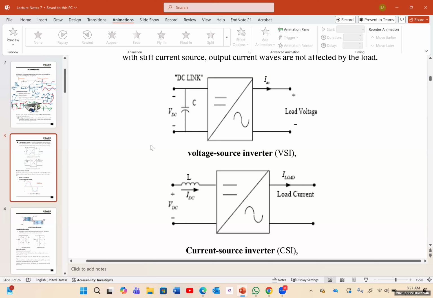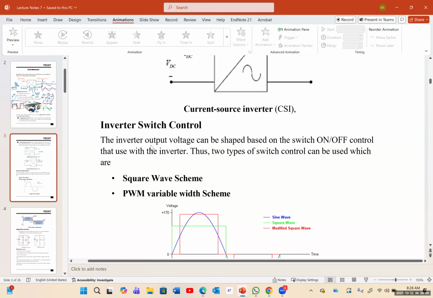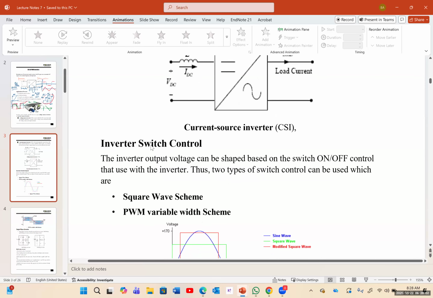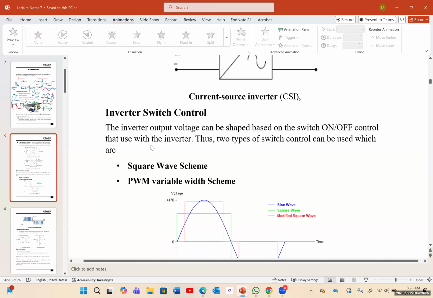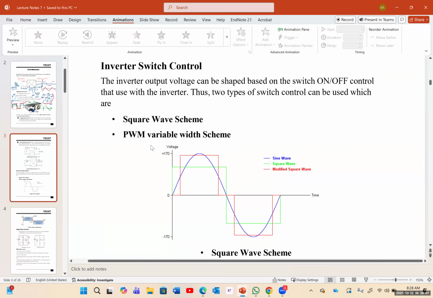In the current source inverter, you have an inductor in series that acts like a storage for the current, and therefore you have a constant current at the input. So current source inverters are good when the load is changing all the time and you want to have a constant current. Now, the inverter switch control: the inverter output voltage can be shaped based on the switch on-off control used with the inverter.